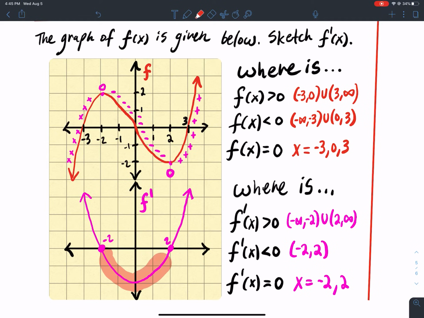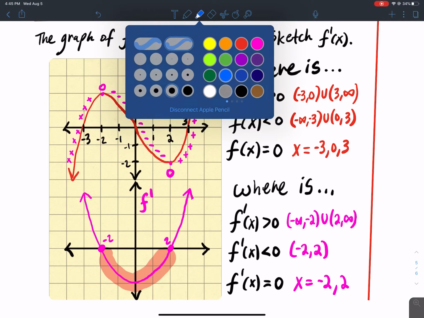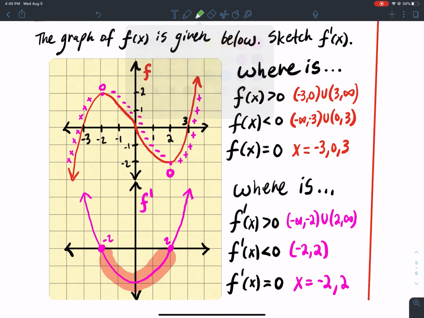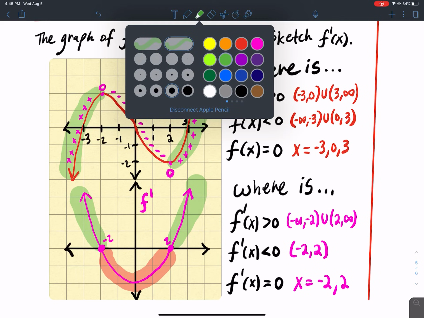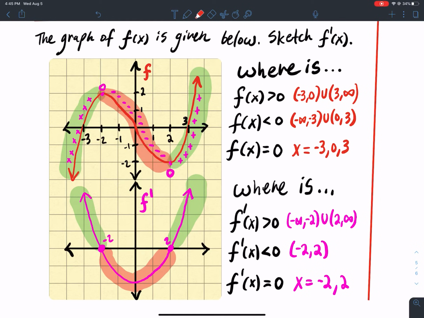So it's negative here, and positive here. The positive slope makes a positive output, and the negative slope part here makes the negative output there.